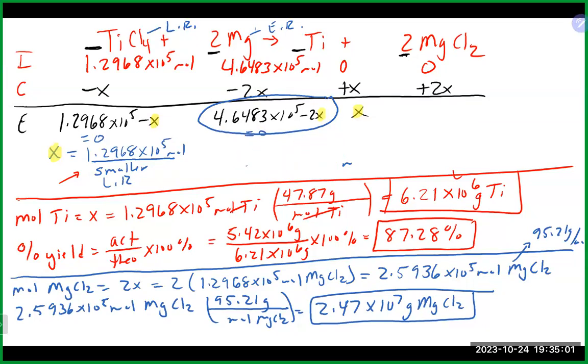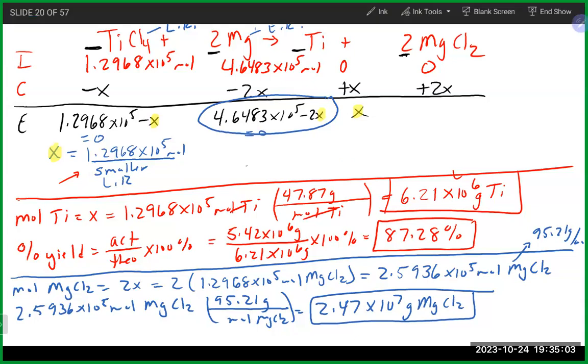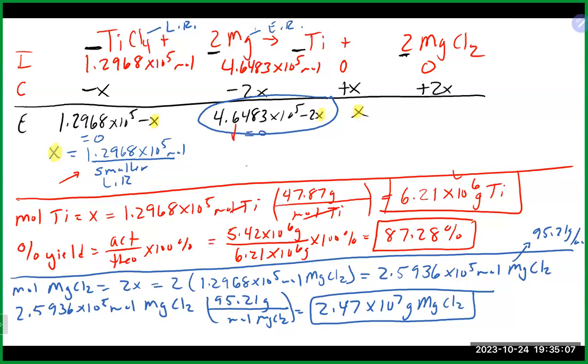So if we go back to our table and we would take our excess reagent, 4.6483 times 10 to the 5th minus 2 times our x value.